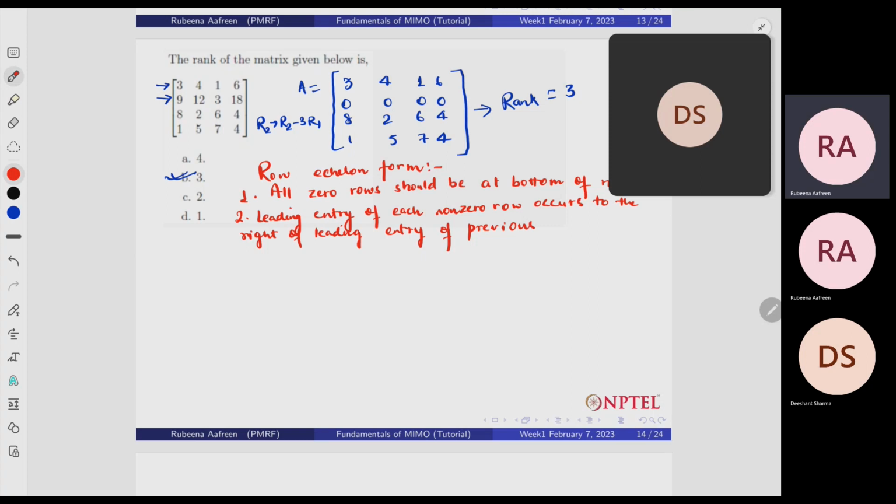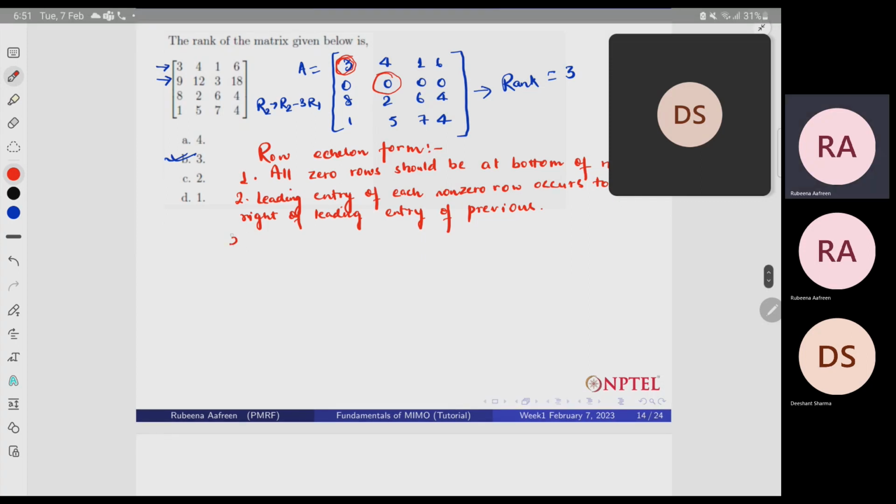This means that suppose for the first row, we have a non-zero term, basically 1 if we go to reduced row echelon form. Then all the other rows below this column should be 0. The next non-zero term should be to the right of this one.